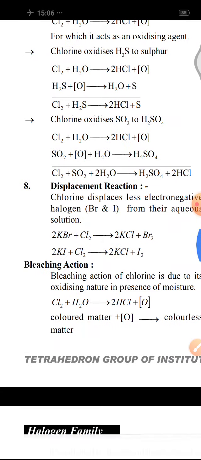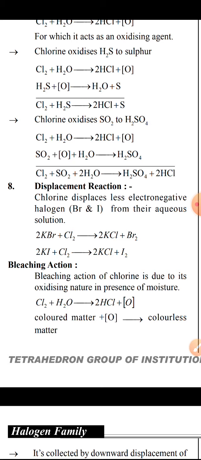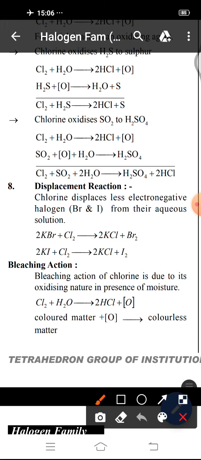Next comes its displacement reaction. In a displacement reaction, we know a more electronegative element can displace a less electronegative element. In the halogen case, fluorine is the most electronegative among all the halogens. This is the order of electronegativity.